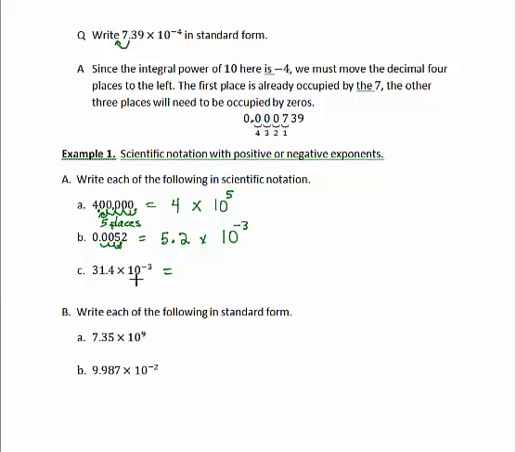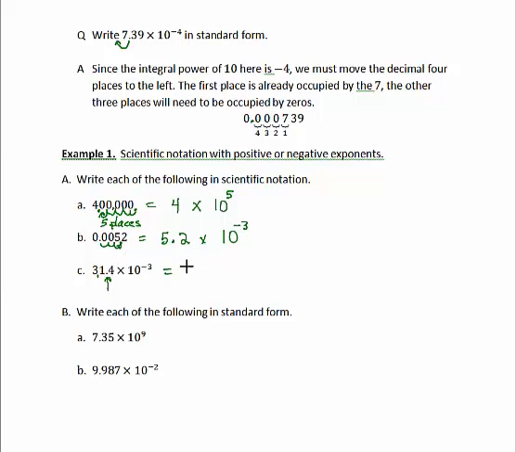Alright, here's a number that looks like it's in scientific notation, but it's not. Okay, if you look at the decimal point, there are 2 non-zero digits to the left. We only want 1. So we want the decimal point to go right there behind the 3.